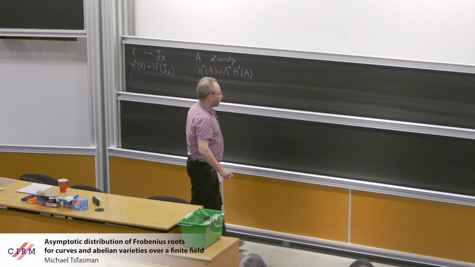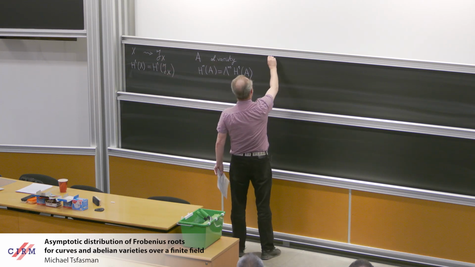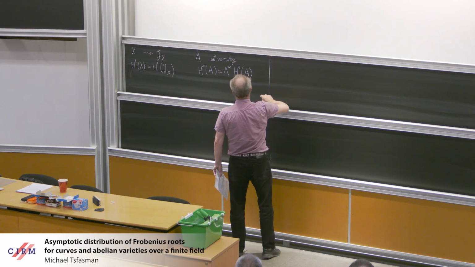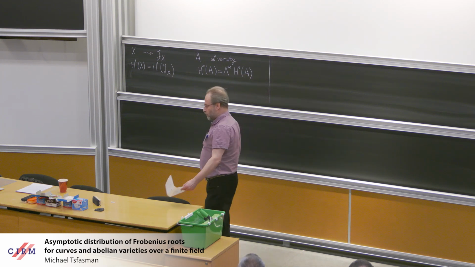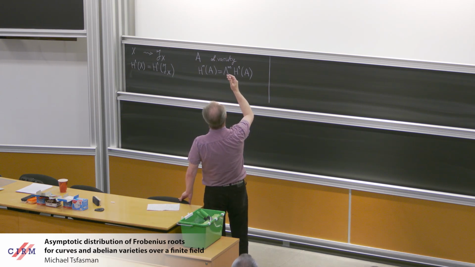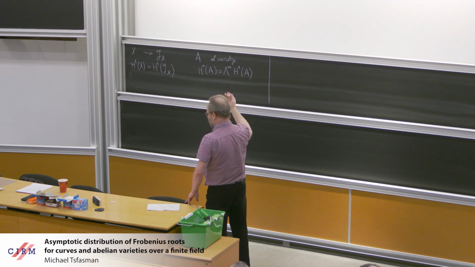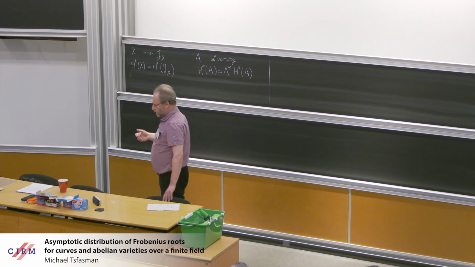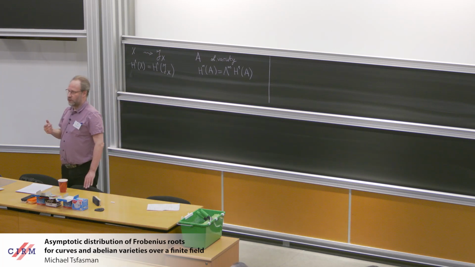And so, what do we know about these measures? Maybe it's worth mentioning that I want, in fact, to know this limit measure, and to know the limit behavior of the zeta function is one and the same thing.